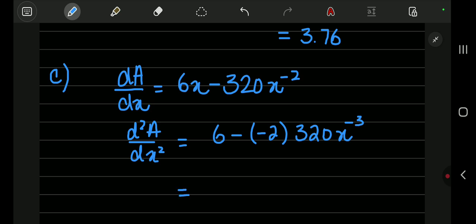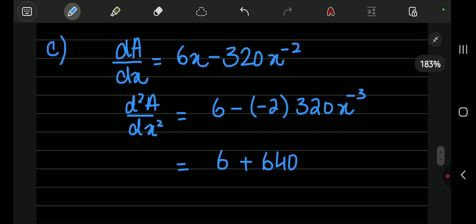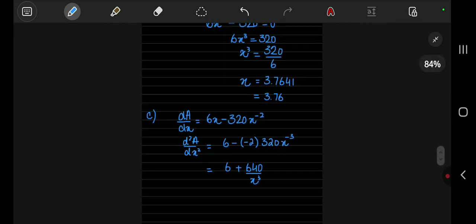So this will give you 6 plus 640 over x cube. Okay, your x cube value was 320 over 6, or your x value is 3.76.